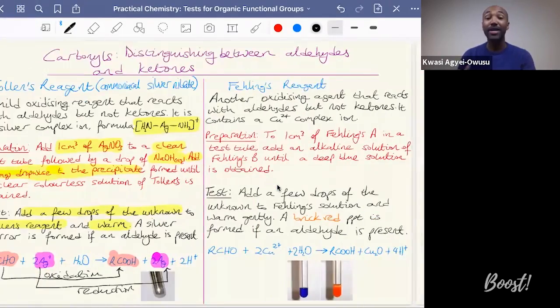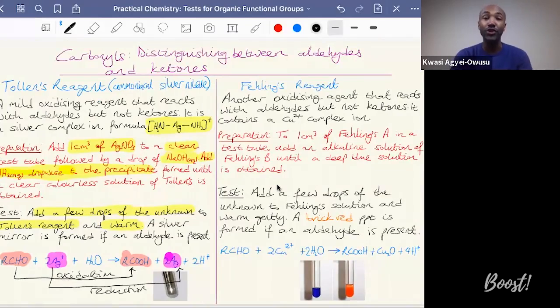Okay, so the other reagent you could use if you don't have Tollens available is Fehling's reagent. Now, Fehling's uses a different transition metal ion as the oxidizing agent. In this case, it is copper 2+, and the active complex is copper 2+ with tartaric acid as a ligand.